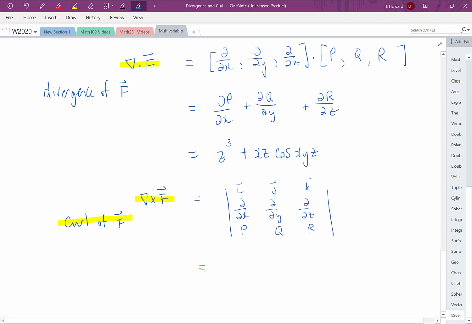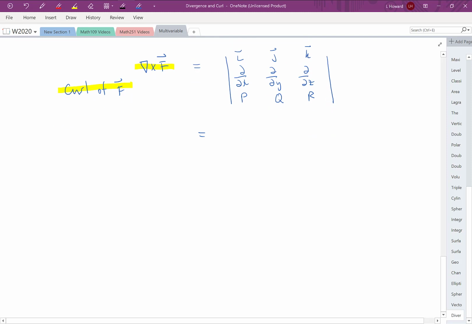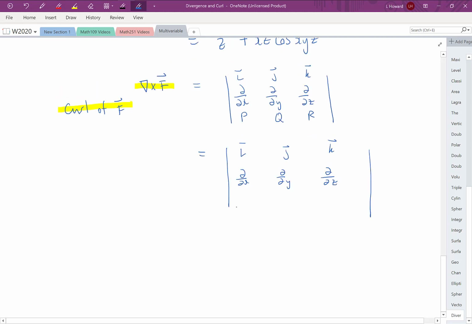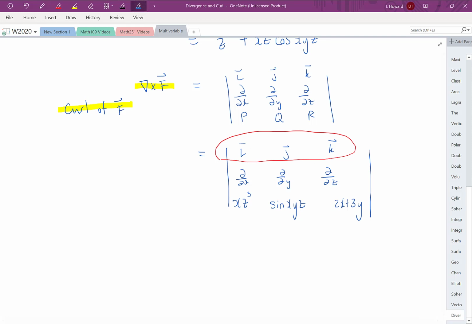So we're going to specifically try this calculation here, and we'll just fill in the components of our vector field. So they were xz cubed, sine of xyz, and then it was 2x plus 3y. We're going to expand this determinant along the top row. Remember, there will be an alternating sign pattern as we expand.